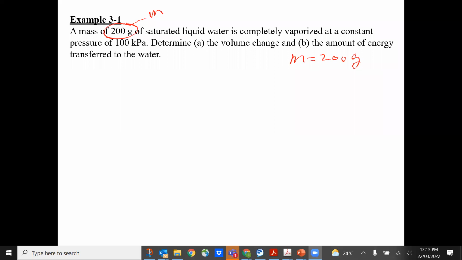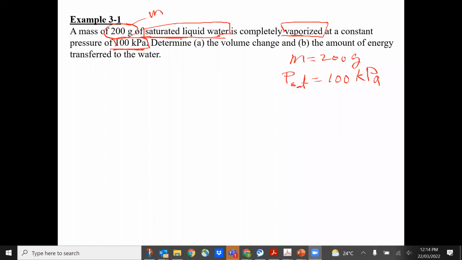What does saturated liquid mean? It means this pressure is the saturation pressure. So I know that P saturation is 100 kilopascal. Okay, so do it this way. Just put all the data somewhere on your sheet, and then start the calculation or search for the answer.